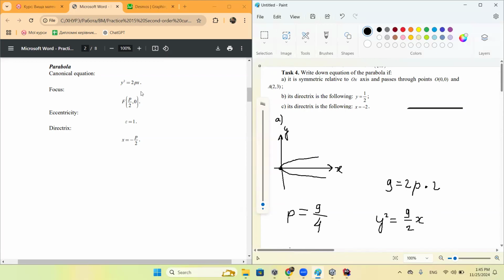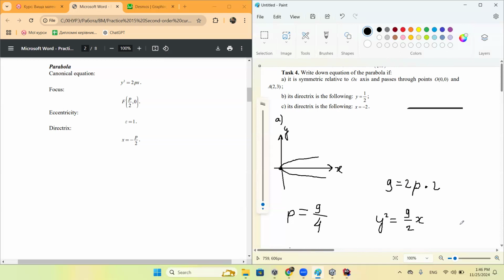So we need to find p. How to do it? Analogically, as we were finding a and b semi-axes for ellipse or hyperbola, but for parabola, we need to only find the p parameter. So if we substitute coordinates of point A into the equation, so 3 instead of y and 2 instead of x, we just receive the linear equation relative to the variable p, and then we find its value, and that's it.